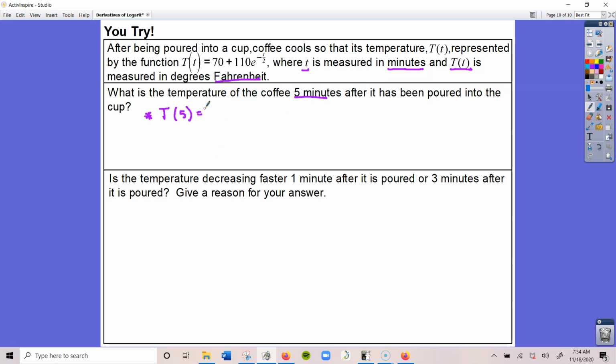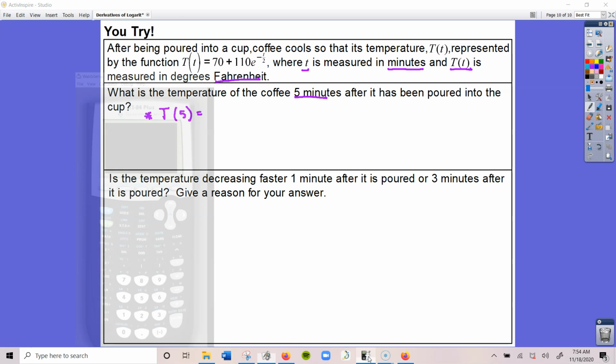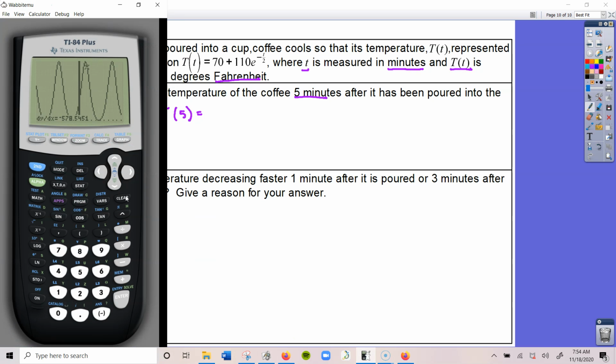So now I'm going to go to my calculator. I'm going to go to my y equals, and I am going to graph this function: 70 plus 110 e raised to the negative x divided by 2, and enter.